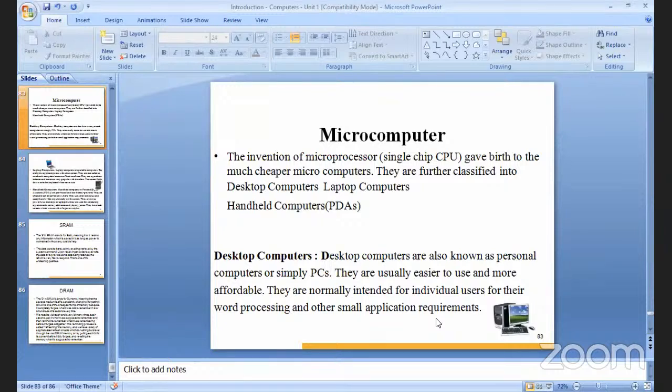And again, coming to the microcomputers. These microcomputers we can treat as our desktop or laptop computers. We know that every day we are using desktop computers, also known as personal computers.